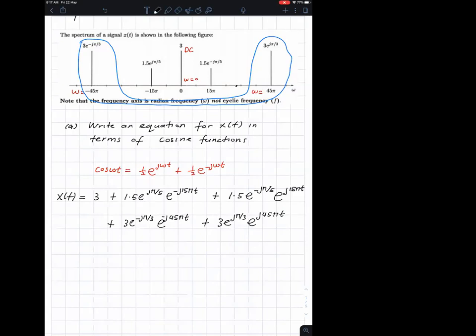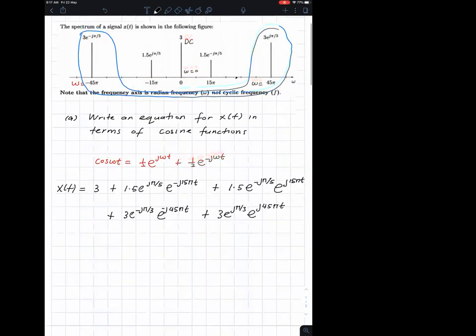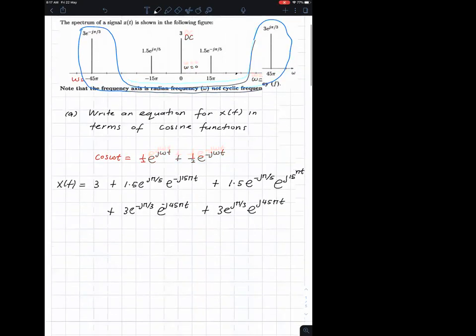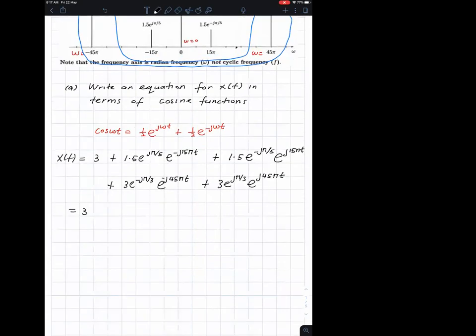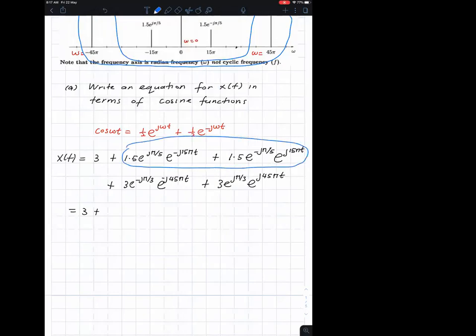All right. Okay, let's move on. Now let me rewrite these things. You have a DC here, and then plus. Now I'm going to look at this part here first.